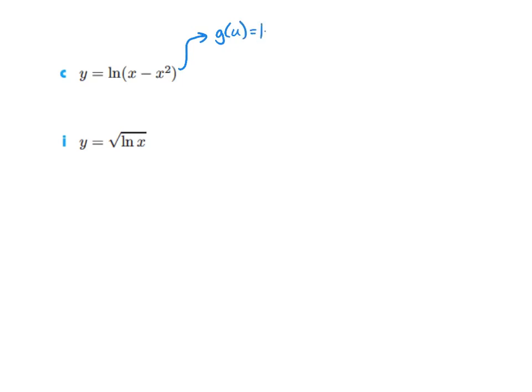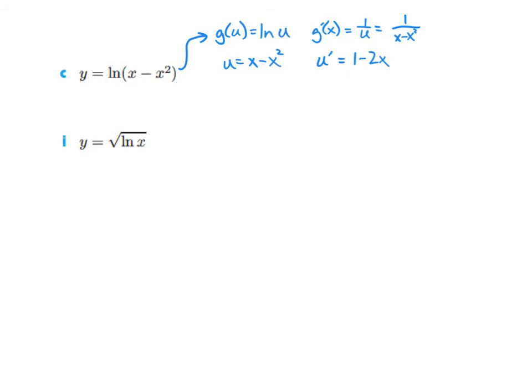in this case is ln of u. What's the derivative of ln of u? 1 over u. So g prime is 1 over u, which in this case is 1 over x minus x squared. u prime, this is the easy part, is 1 minus 2x.